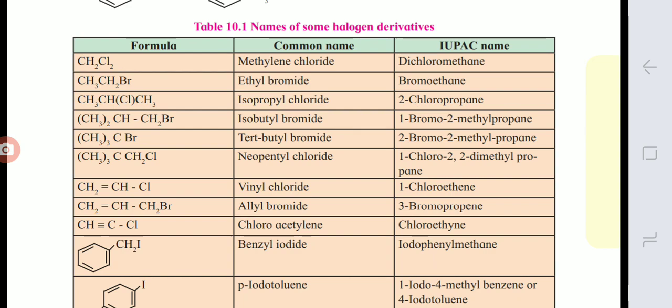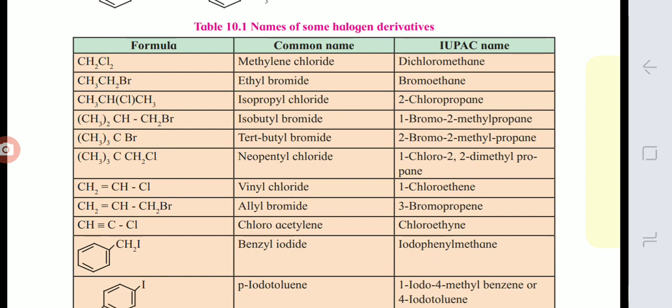So the second carbon of the chain contains one CH3 group, so it is an iso compound. There are a total of 4 carbons. So butane is the parent compound, and we remove the hydrogen from the ending carbon. So the iso condition is maintained. So isobutyl is the group, and bromine is the functional group. So bromide. So the name becomes isobutyl bromide.